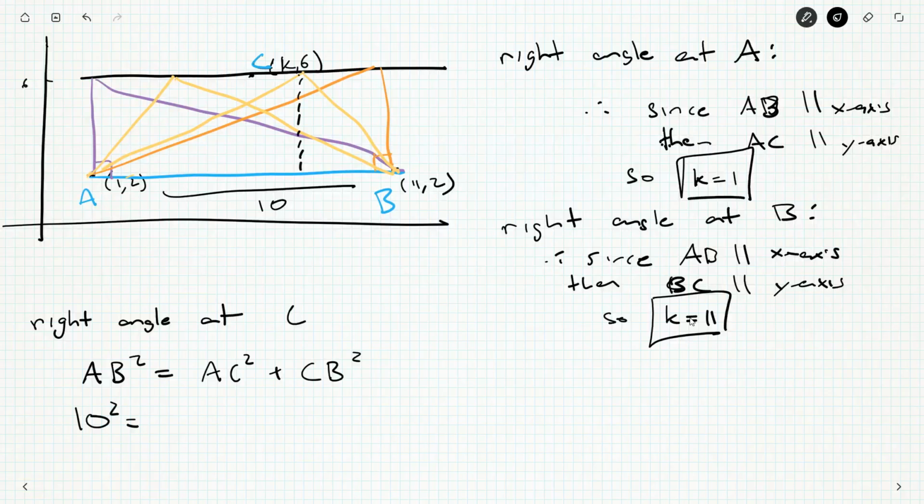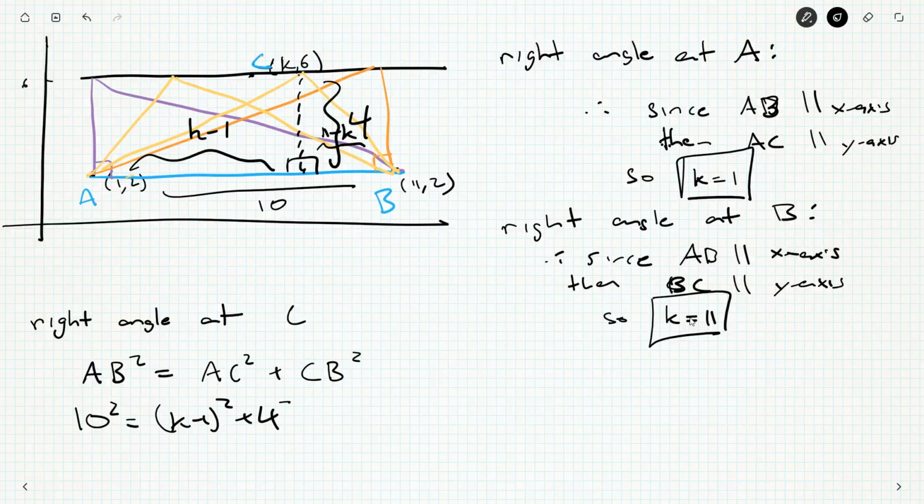Well, drop a perpendicular down here. This height here is 4. This distance is k minus 1. This is 11 minus k here. So AC squared is (k minus 1) squared plus 4 squared. CB squared is 4 squared plus (11 minus k) squared.